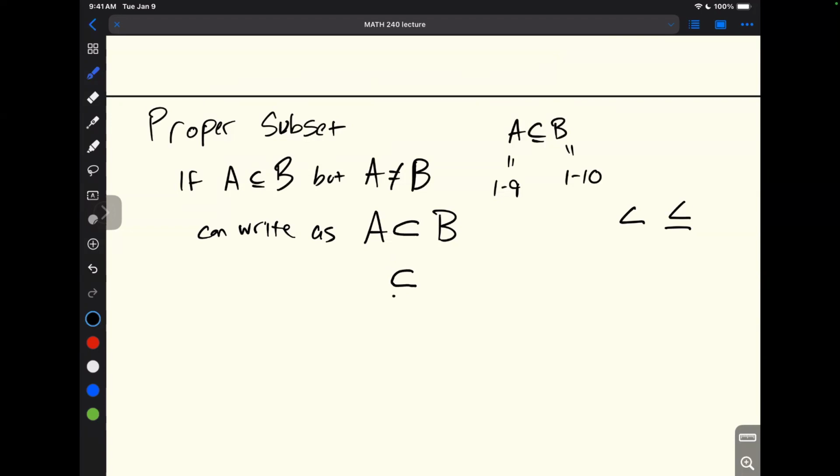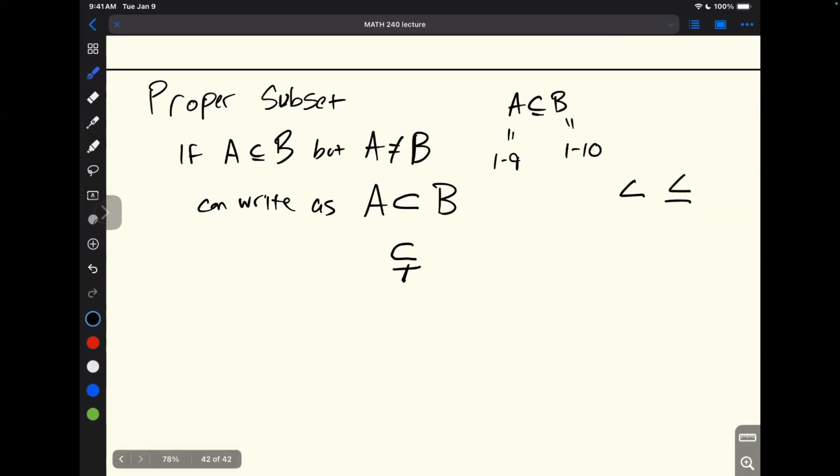The book doesn't have it, but there's also a symbol where you can have that bottom line with the slash through it to say that it's a subset but definitely not equal. So that's another option for you. Writing this notation is what we call a proper subset. So if A is a proper subset of B, they are subsets, but they're not equal.